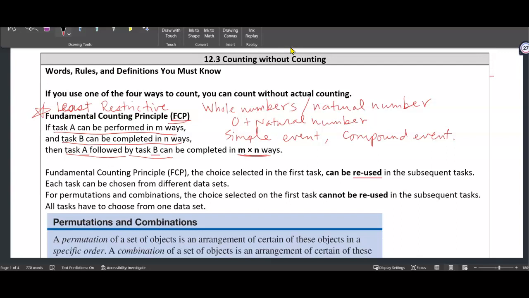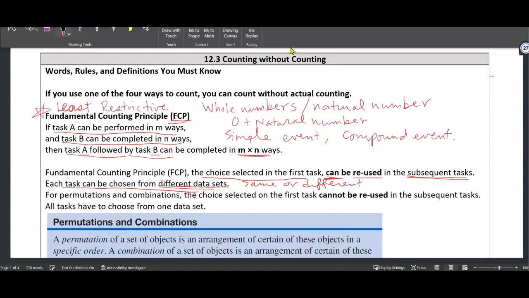In the fundamental counting principle, the choices in the first task can be reused in the subsequent task. So whether it can be reused or cannot be reused, the fundamental counting principle will work. Each task can be from the same data set or a different data set; both work, so it covers a wider range of cases.